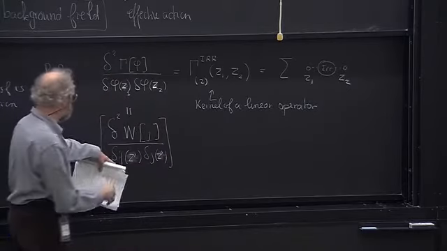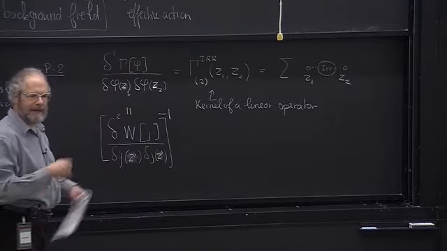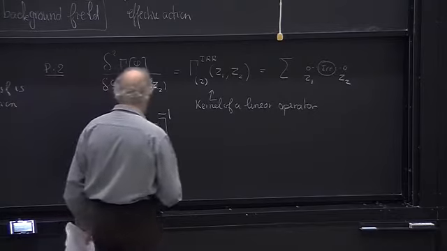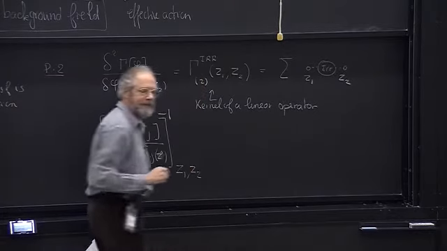This is an operator. You take its inverse as a kernel, and you take its value at Z1 and Z2.